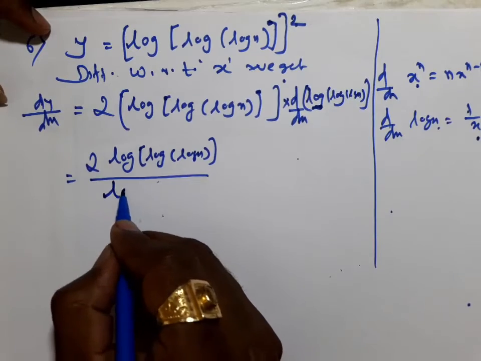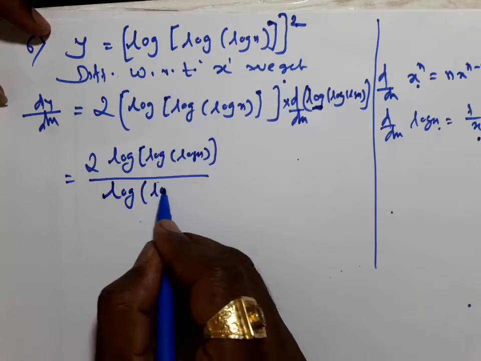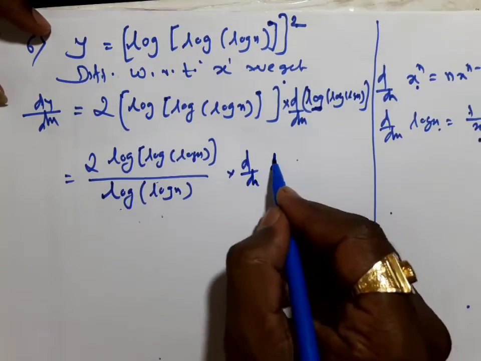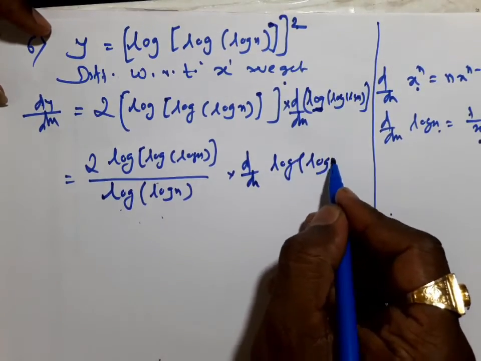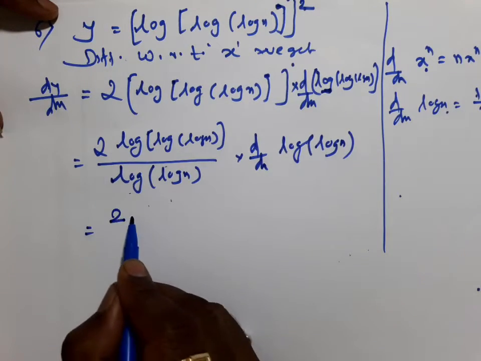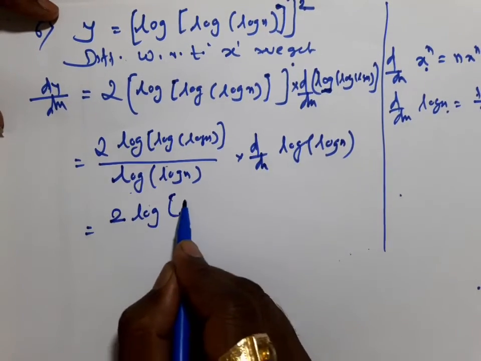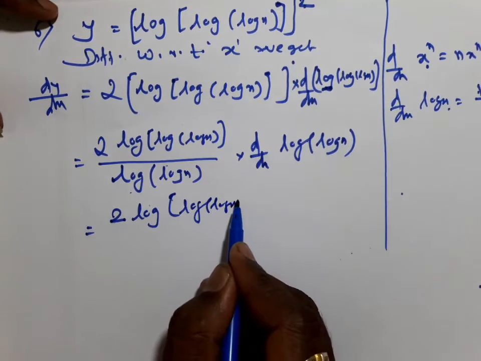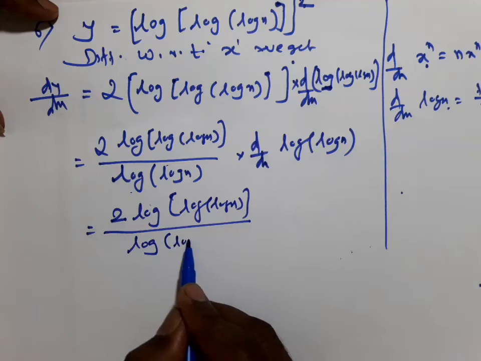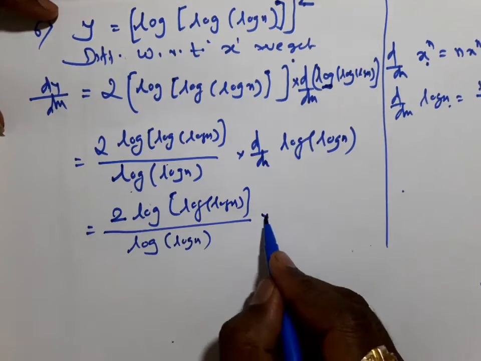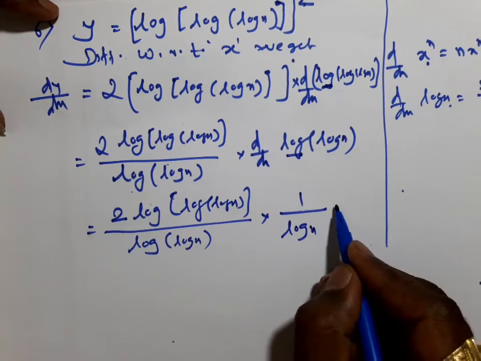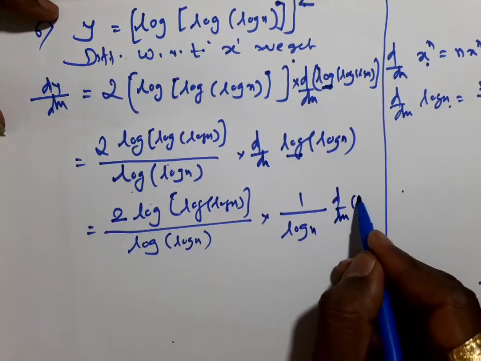So 1 upon the whole term inside the bracket. Again d/dx of this function log x. Chain rule it is. Now this is 2 log x divided by log x. Due to this log, it will become 1 upon log x, and inside the bracket log x remains.